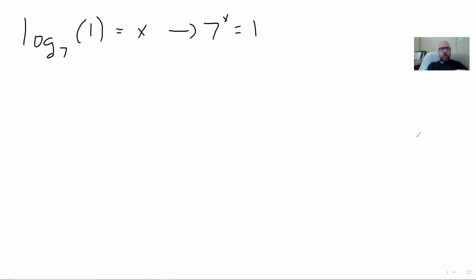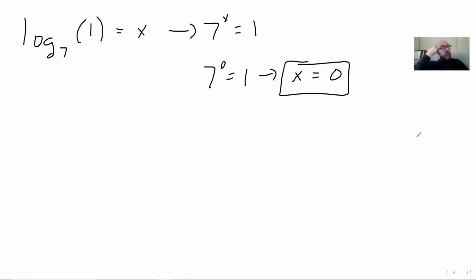It doesn't matter what the base is. 7 to the 0 is 1, 1,000 to the 0 is 1, 18 to the 0 is 1. So anytime you've got a 1 in your argument, you're pretty much guaranteed that the value of the log is going to be 0. So 7 to the 0 equals 1, and x equals 0.